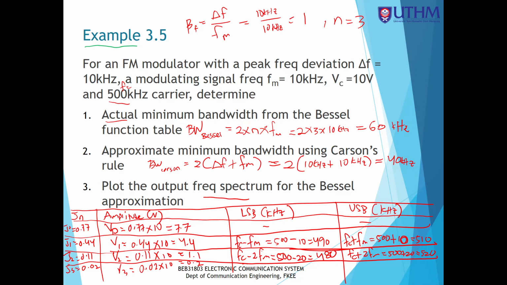This is located at FC minus 3 FM, which is 500 minus 30, so we get 470 kilohertz. And for the upper sideband FC plus 3 FM, this is 500 plus 30, so this is 530 kilohertz.